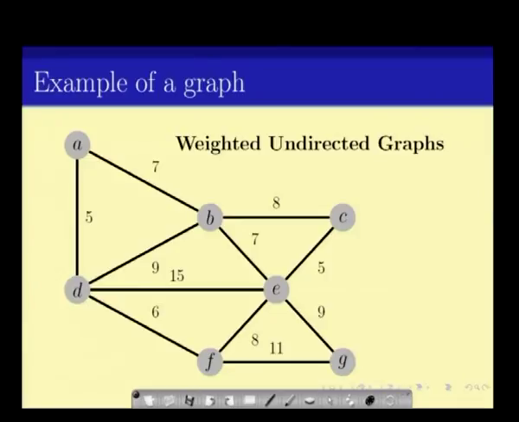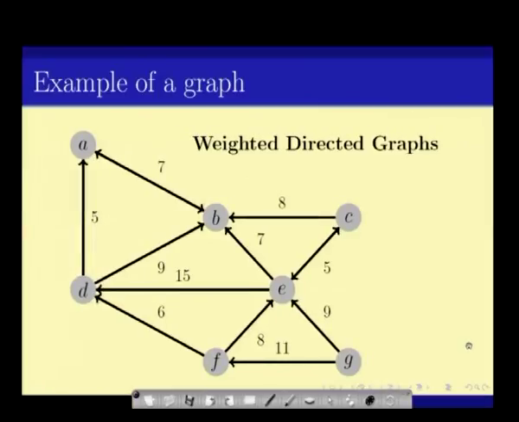Here is an example of a weighted graph where we have put weights on these edges, and here is an example of a weighted directed graph. Now, here say for example, DA is an edge, but AD is not an edge. So, how do we represent it? We represent it by making this edge look like an arrow.